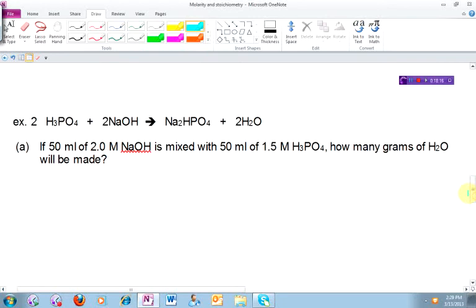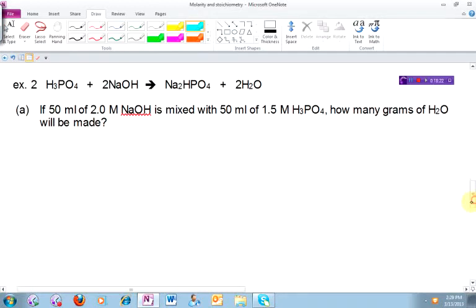We're going to do one more example here. So example number 2. In this particular reaction, we're looking at a neutralization type of reaction. So we have an acid and a base that produce a salt and water. We're figuring out the grams of water, so that's our product.